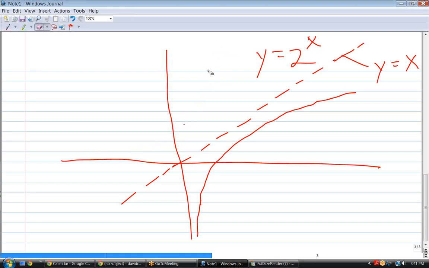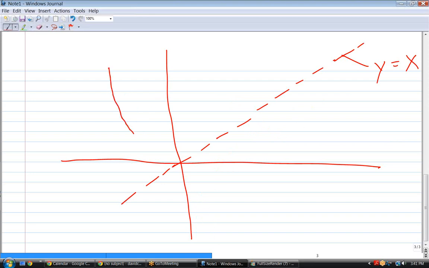Let's go back and talk about a function that I'm sure you are familiar with, and that is y equals x squared. Is that function 1-to-1? No, it does not pass the horizontal line test. Oh, I get it.